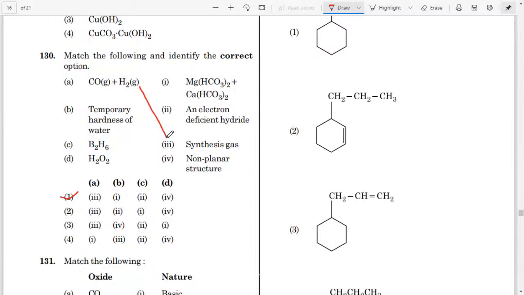Temporary hardness of water is because of magnesium and calcium carbonates, and diborane is an electron deficient hydride. Hydrogen peroxide is a non-planar structure, isn't it? Is it a planar structure? No, it is a non-planar structure.